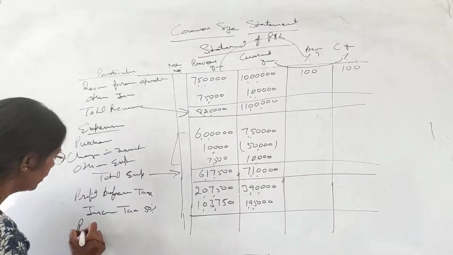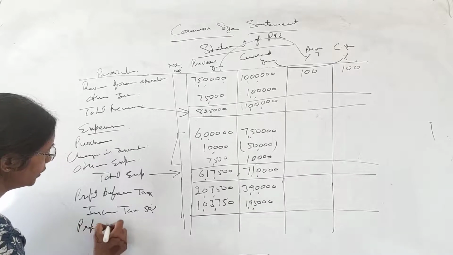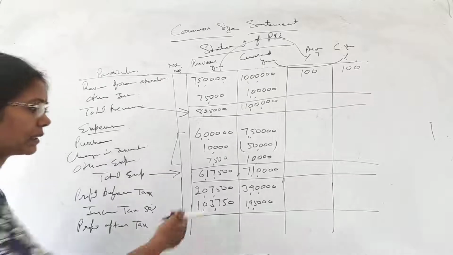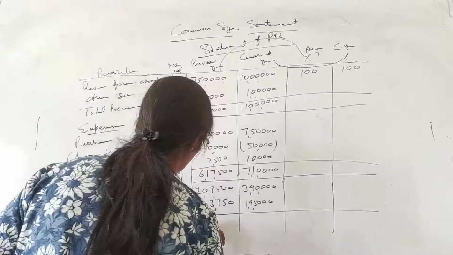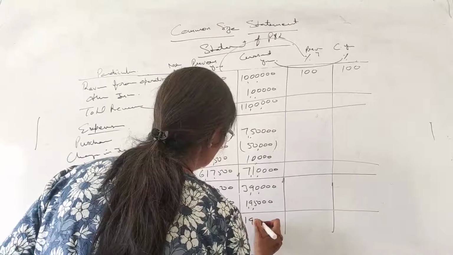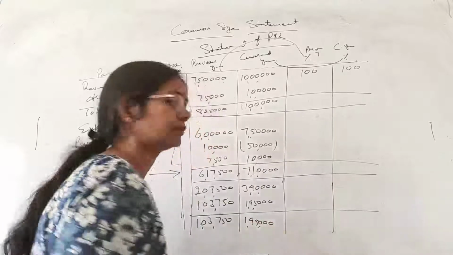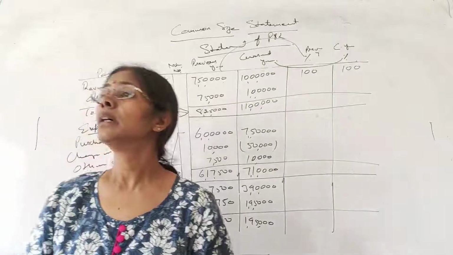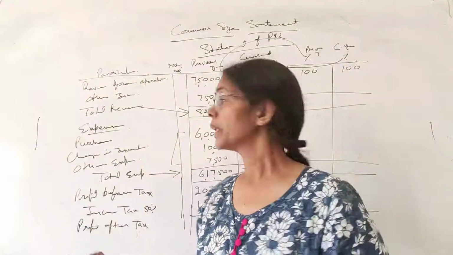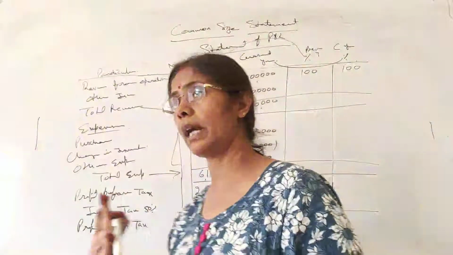Now you have profit after tax. What comes? The same which you have here, because half you have given as a tax and half will remain with you. Understood that? Is that clear what we have done? So this is the simple solution which we have done.